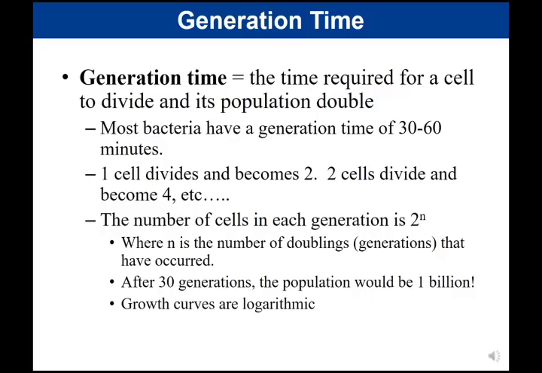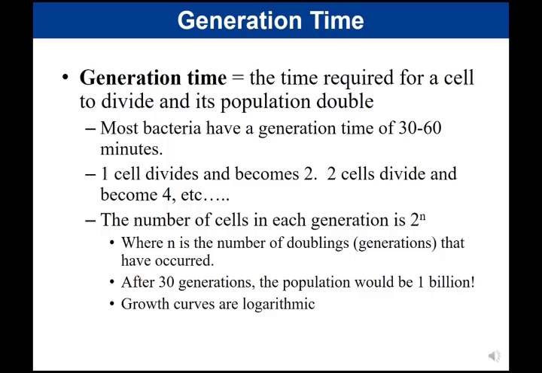That's on average. Some bacteria, the fastest known bacteria, have a generation time of about 9 minutes. So every 9 minutes, that bacteria is able to replicate and go from one cell into two. Some bacteria have much longer generation times. Mycobacterium leprae, which causes leprosy, has a generation time of 10 to 30 days.